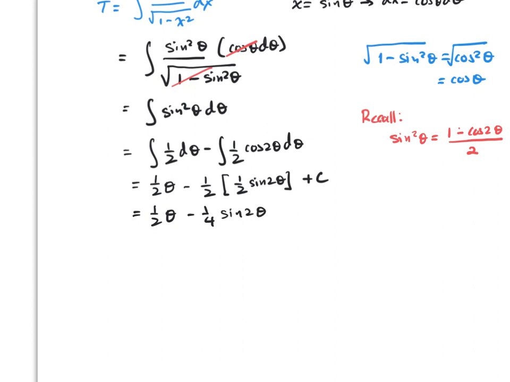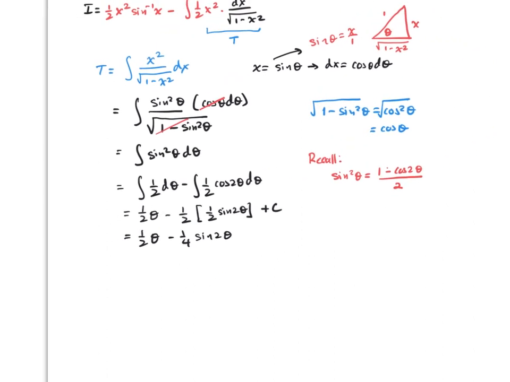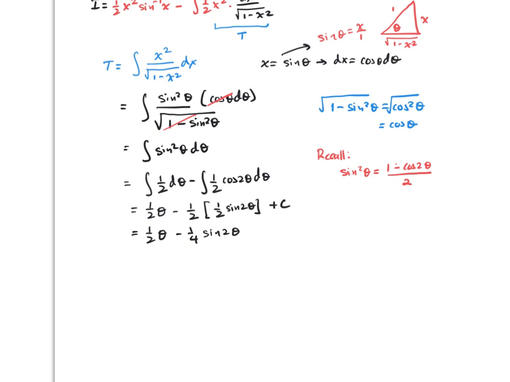But notice that the original problem is in terms of theta, and since this is in terms of theta, sine 2 theta is not going to work when we use the triangle. So you have to change the double angle to a single angle.